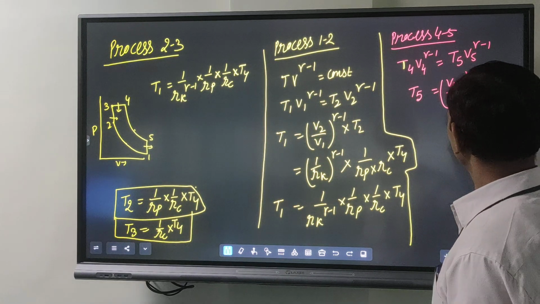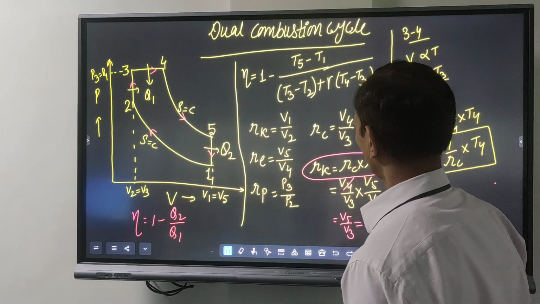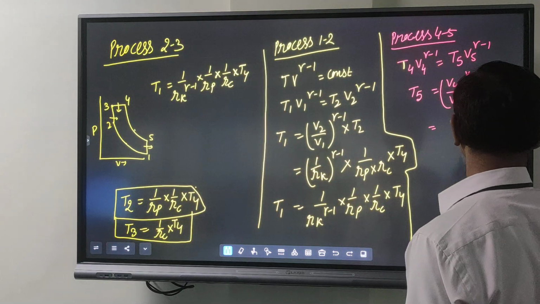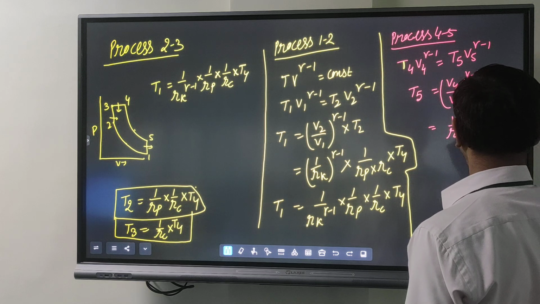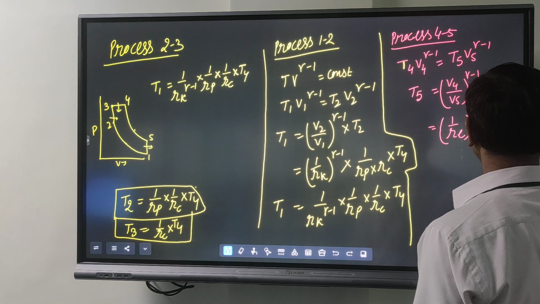Now what is the value of V4 by V5? V4 by V5 we can write as 1 by Re, the expansion ratio, to the power gamma minus 1 into T4.